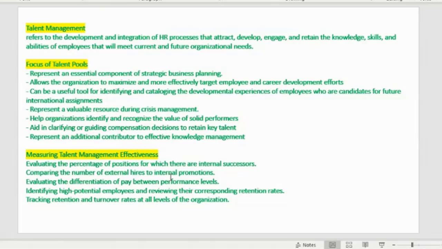Now, measuring talent management effectiveness involves evaluating the percentage of positions for which there are internal successors, comparing the number of external hires to internal promotions, evaluating the differentiation of pay between performance levels, identifying high potential employees, and reviewing their corresponding retention rates. Tracking retention and turnover rates at all levels of the organization.